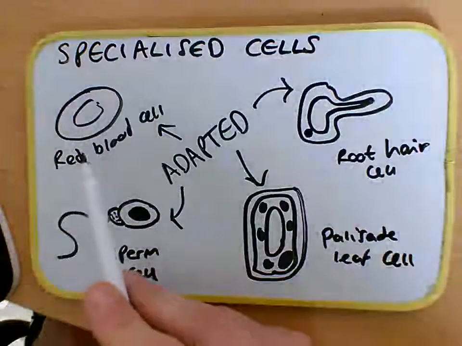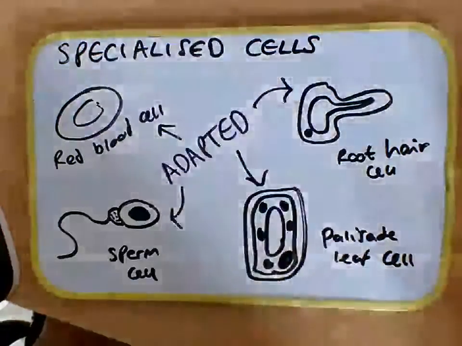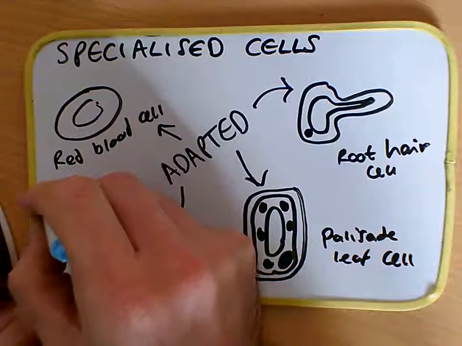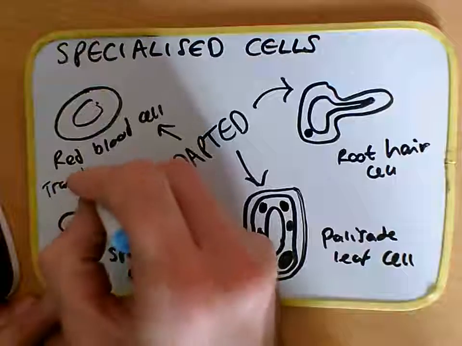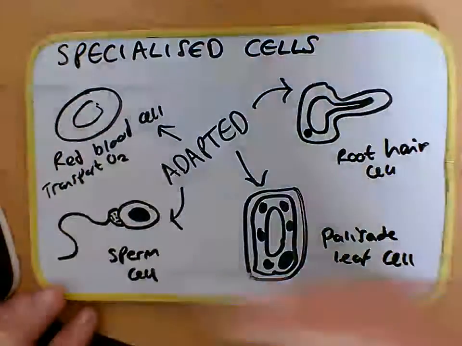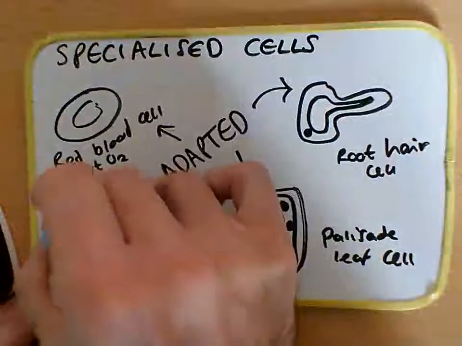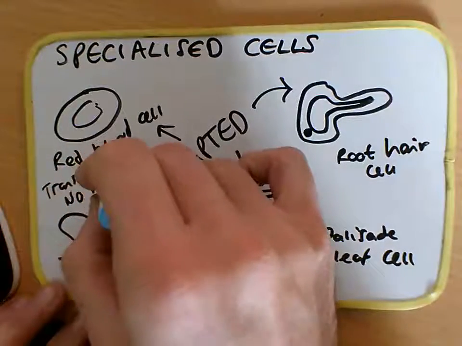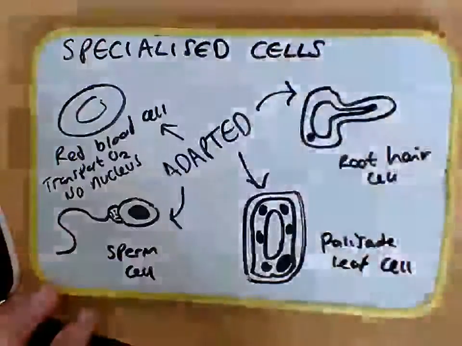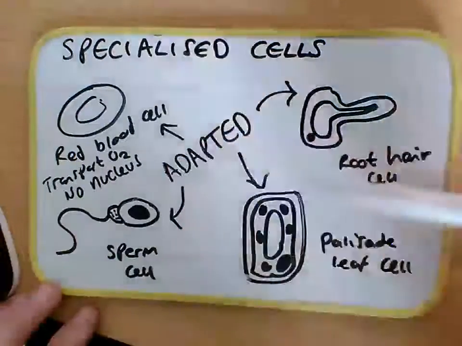So the red blood cell, main purpose of the red blood cell is to transport oxygen. Now, it can transport oxygen because it doesn't have a nucleus, so there's no nucleus. So that provides additional space to actually transport the oxygen.